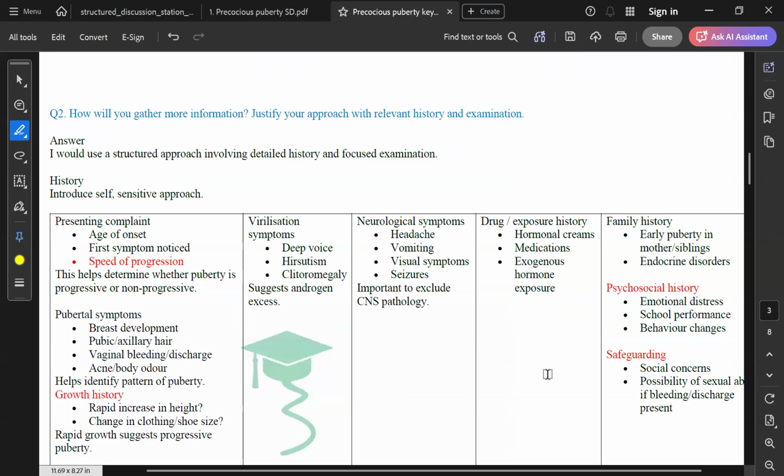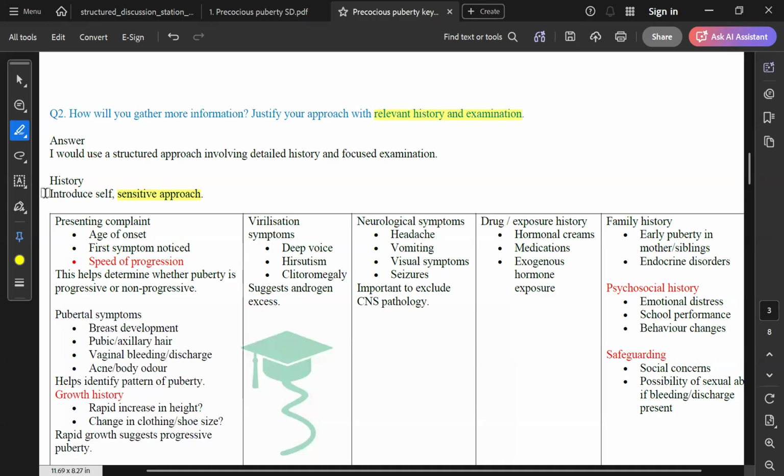Now, the second question was, how will you gather more information and justify your approach with relevant history and examination? This is very specific. They're asking you only the history and examination. Whenever you have a young child, make sure you mention a sensitive approach. The mother will be anxious, the parents might be anxious.